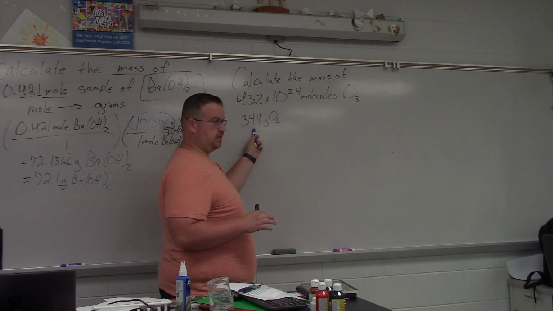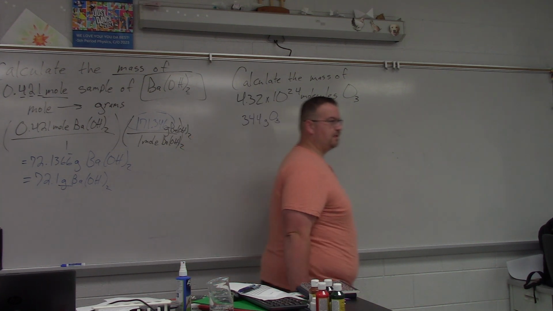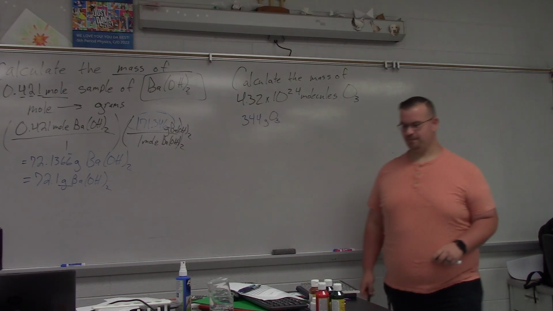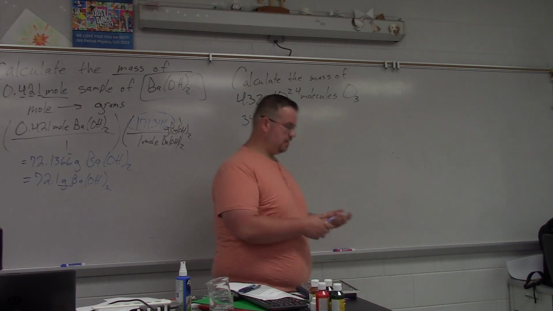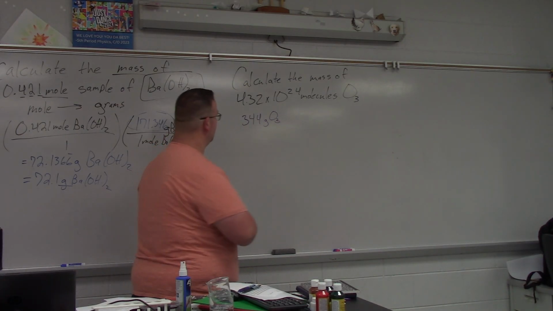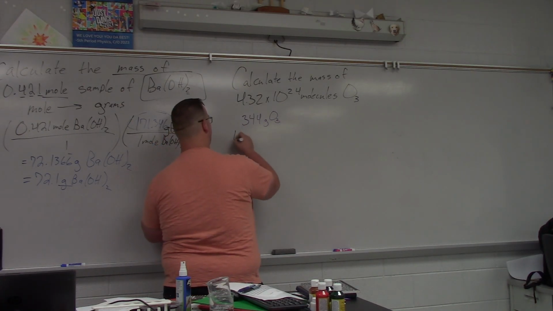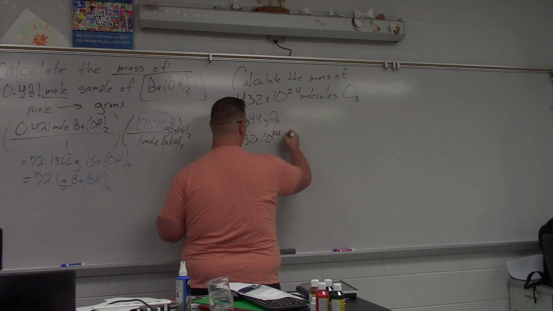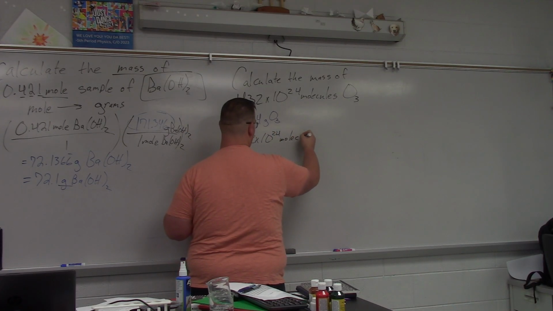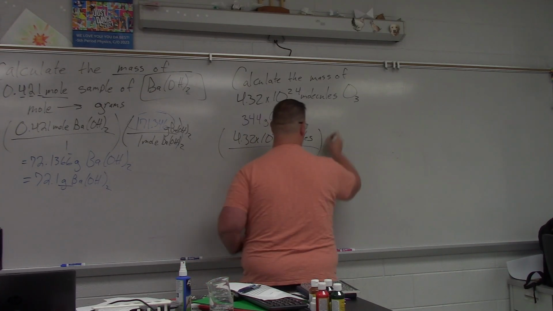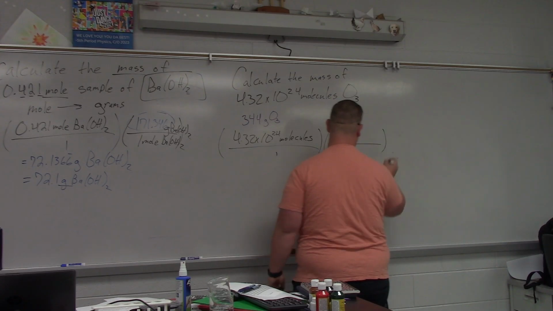Anybody not get this? I forgot how to go from molecules to mass. Okay, that's okay. So when you do this, the setup: you take the 4.32 times 10 to the 24 molecules. Then we're going to go to moles.